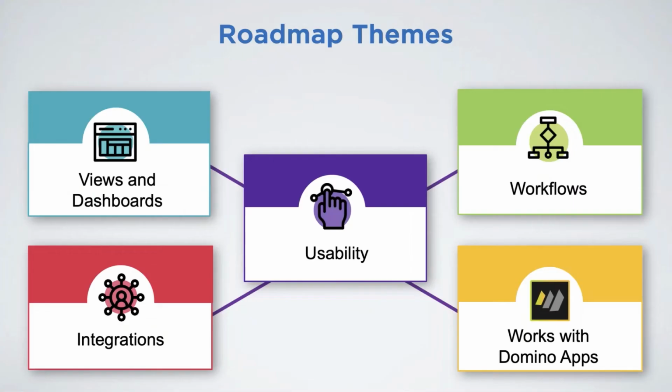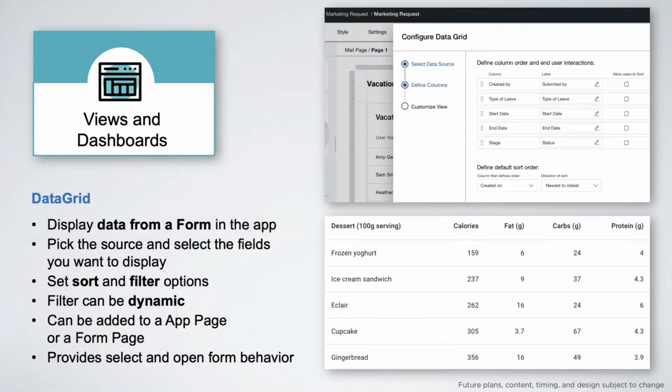We plan updates for the upcoming quarters, and one of the updates is better integration with Domino application and enhancing workflows. So you will have a data grid where you can better design how numbers in a table view will be presented.